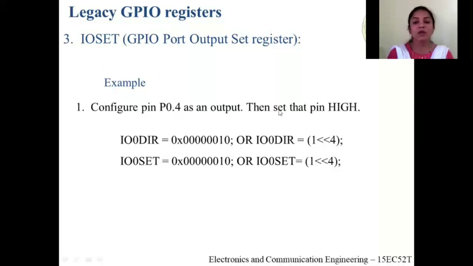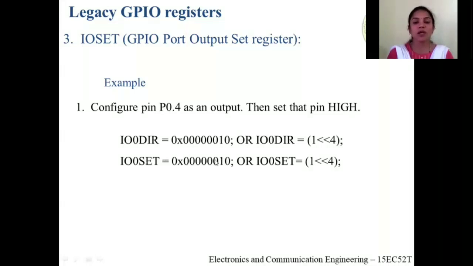Next we have to set that pin high. To set any pin value high, we use the IO set register. With respect to port 0, we use IO0 set. The same pin has to be set high, so in the same position we have to write the value 1. If you write 0, it doesn't have any effect on the port pin.